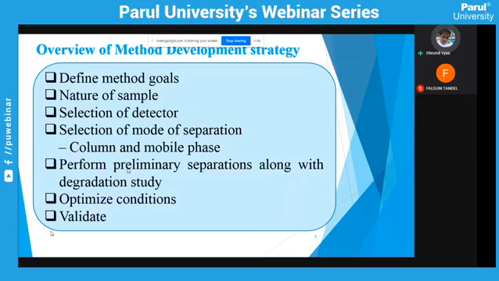Then after selecting all these things, we have to perform preliminary separation, and then plan the degradation study. Based on the degradation study, we have to optimize the condition, and as per the ICH guideline, we have to prove that our method is stability indicating by performing the validation.